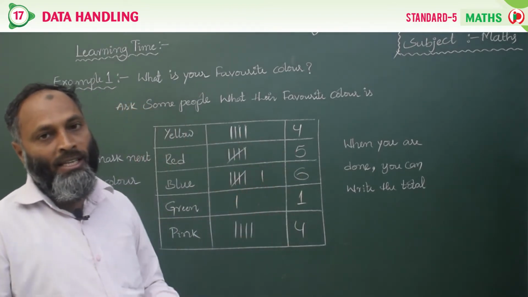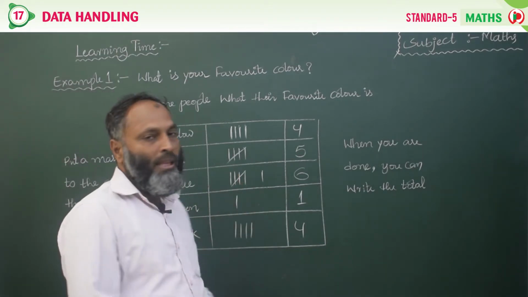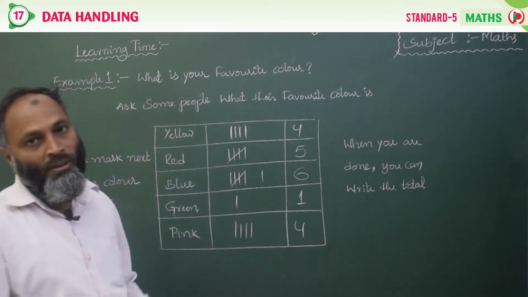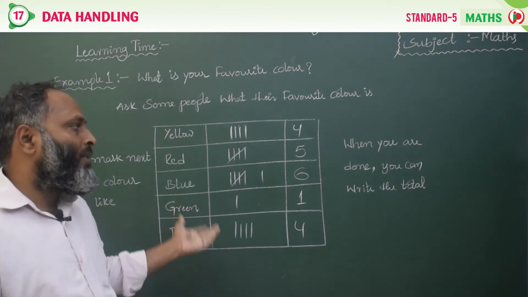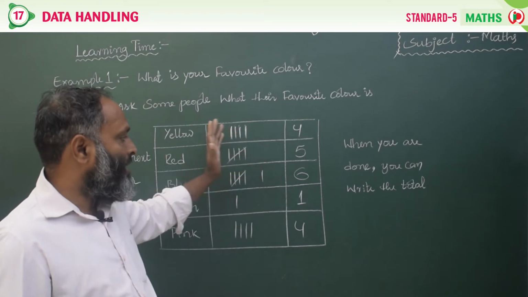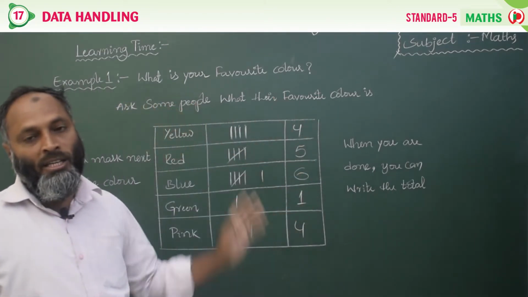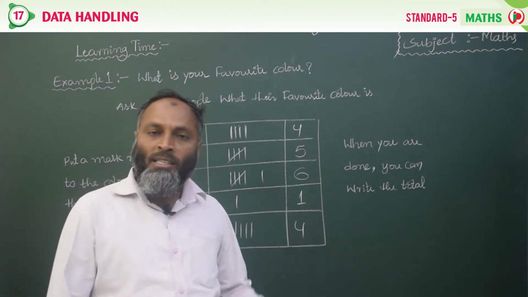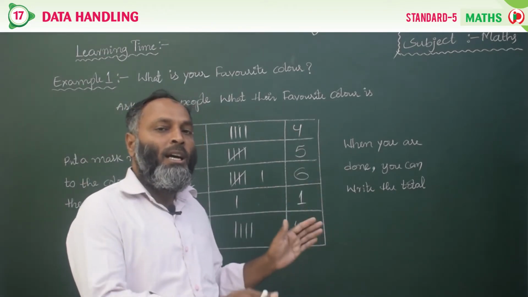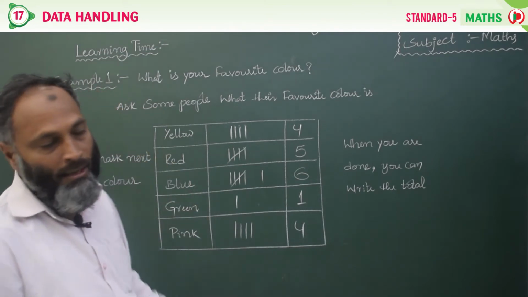In this way we can easily calculate how many people like each color. When our work of drawing slanting lines is done, we write the total next to the slanting line. So this is the method to represent our information using a tally marks table.